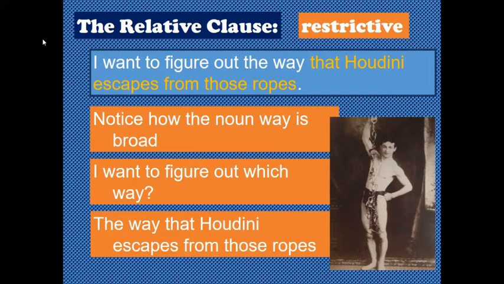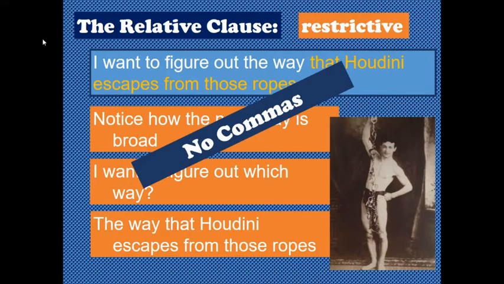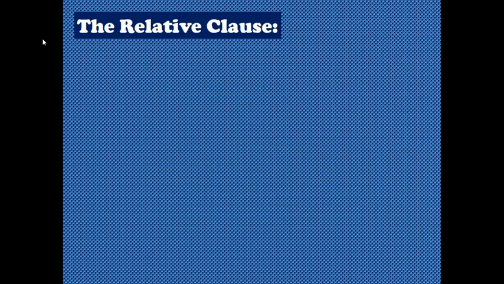I realize that adjective clause is really important to the sentence. Otherwise, the sentence doesn't make a whole lot of sense without it. And that's the reason, once again, that there are no commas. I need to restrict that very broad word way or the very broad word magician with some extra words to help explain which particular magician, which way you are talking about.